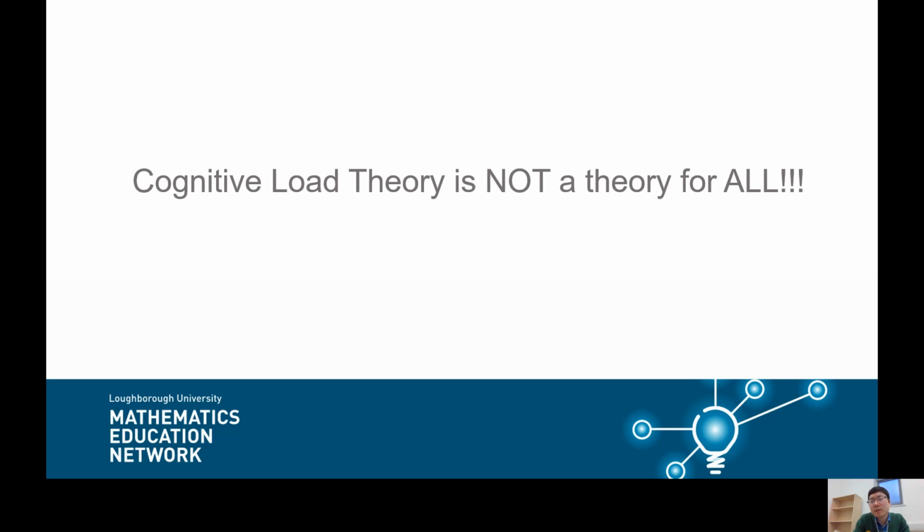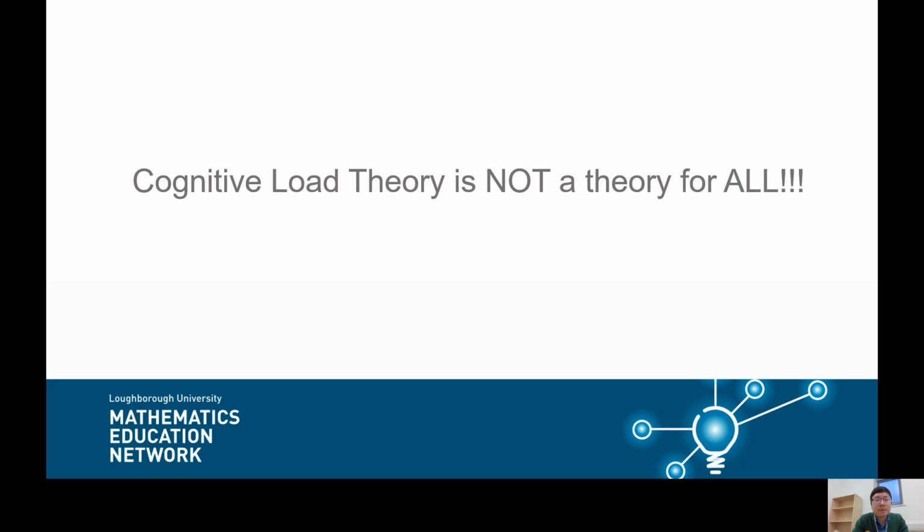Finally, I would like to emphasize one thing. Cognitive load theory is not a theory for all, because a lot of people in educational research, in math education, probably think cognitive load theory could be used to address everything in learning. But please keep in mind, cognitive load theory is not a theory for all.